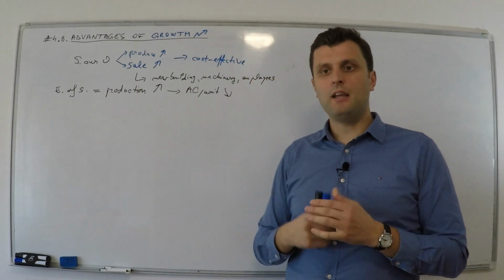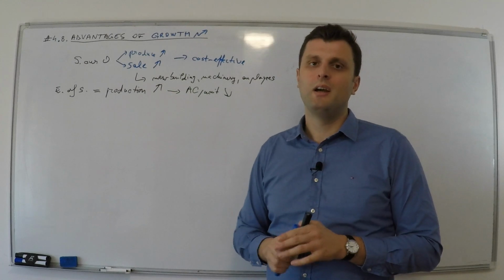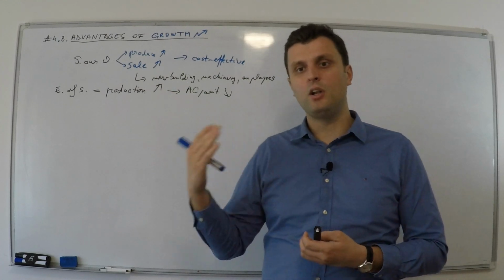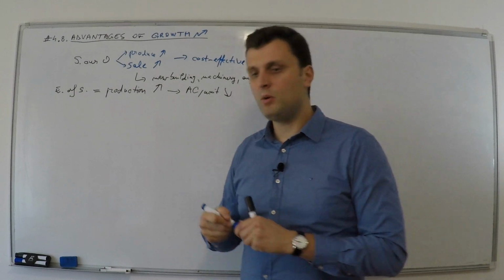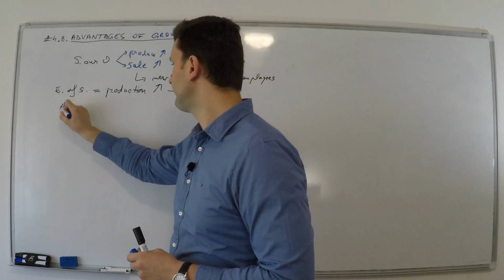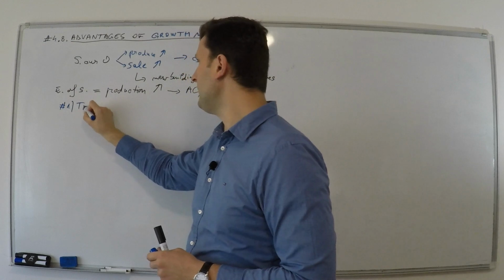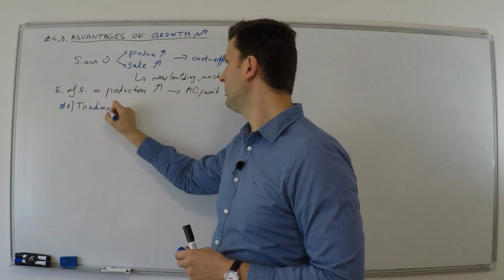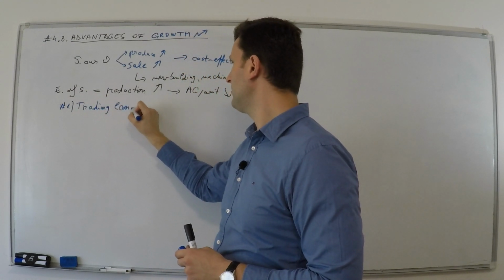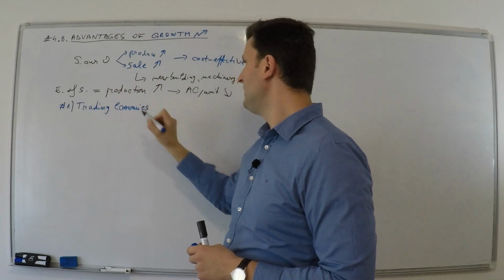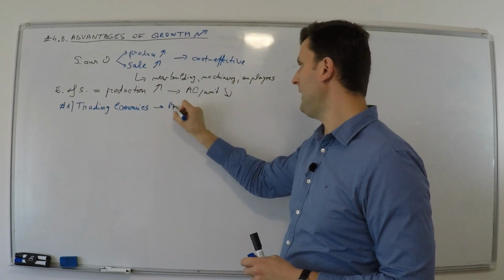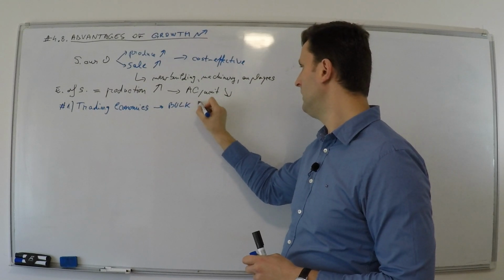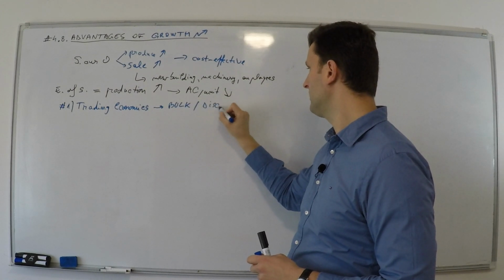So let's see, as we are growing, which costs are we actually getting lower as a result of economies of scale? So number one would be trading economies. Trading economies are built around keywords such as bulk and discounts.